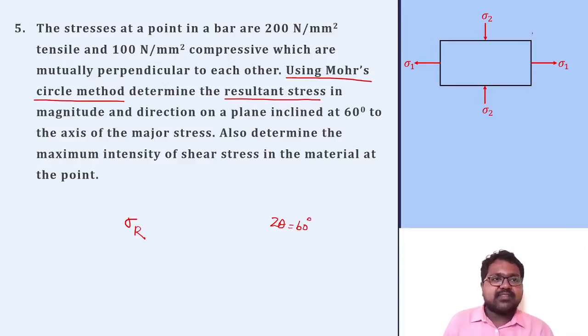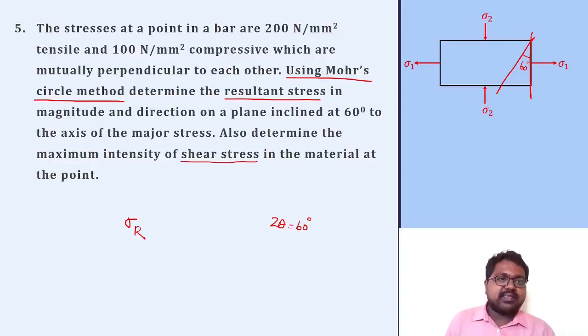So here 2 theta equals 60 degrees. For this 60 degrees plane, we need to find the value of resultant stress and also determine the maximum intensity of shear stress, that is, the maximum shear stress in the material at the point.